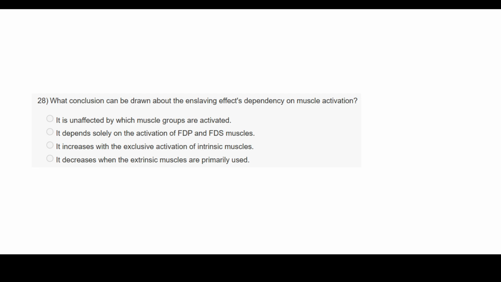It increases with the exclusive activation of the intrinsic muscles. It decreases when the extrinsic muscles are primarily used. The answer is A. It is unaffected by which muscle groups are activated.